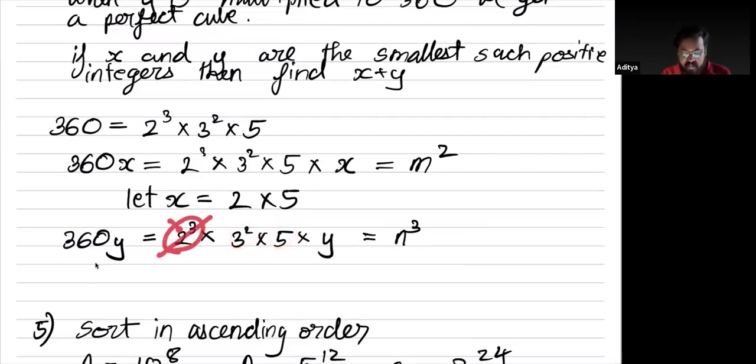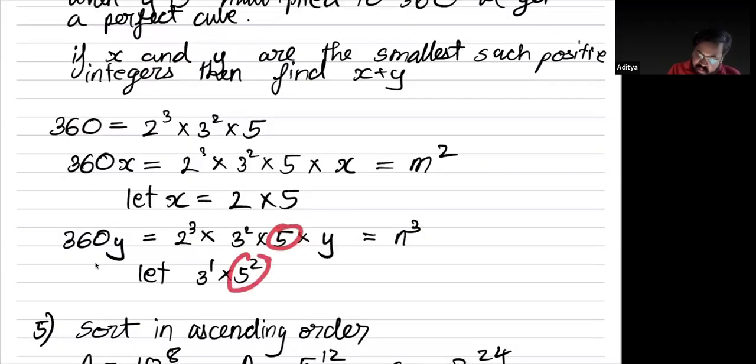Here 2 cube, no problem. We don't have to worry about it. We want to make the power of 3 and 5 divisible by 3. So what we can do is let y be 3 to the power 1 times 5 to the power 2, because now 5 and 5 square will multiply to give 5 to the power 6.